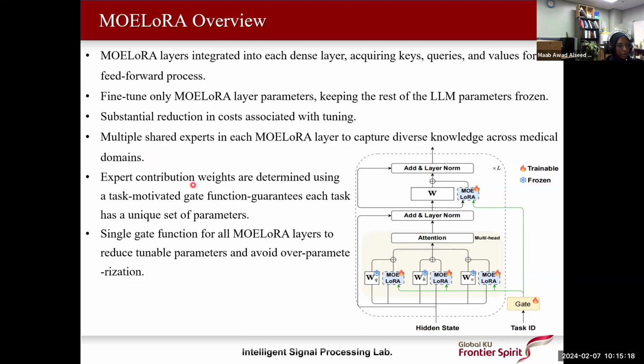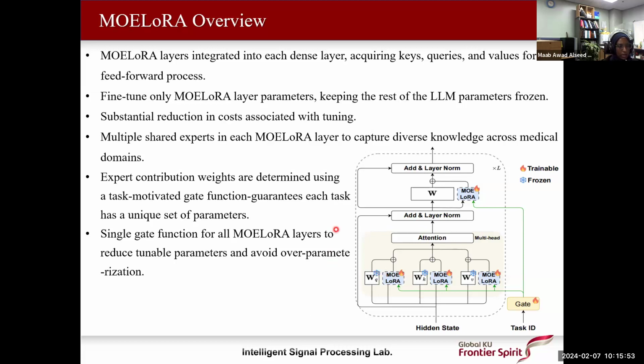So to train the model on multiple different medical domains or datasets, we will need the task-motivated gate function. This task-motivated gate function will make sure that each task, for example, if we have 8 tasks, each task will have a unique set of parameters from each expert.